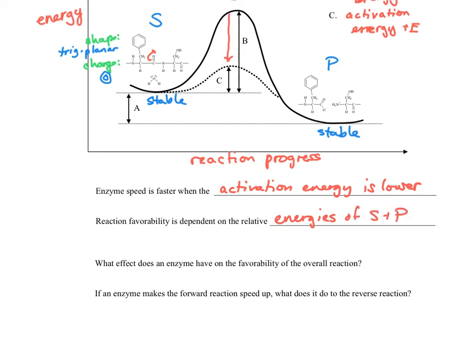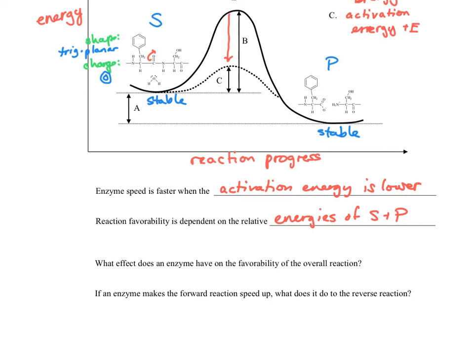Okay, let me put it this way. The reaction is favorable in the forward direction because it goes downhill from substrate to product. But it's slow in the forward direction because there's a big hump in the middle to get over. Enzyme makes it faster by lowering that.